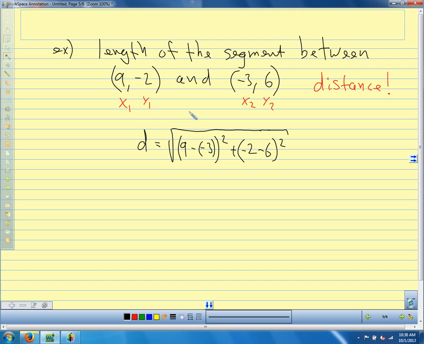You can do it either way. I did it backwards there. I could call this one x2 and y2, and this one x1 and y1. So the order doesn't matter.